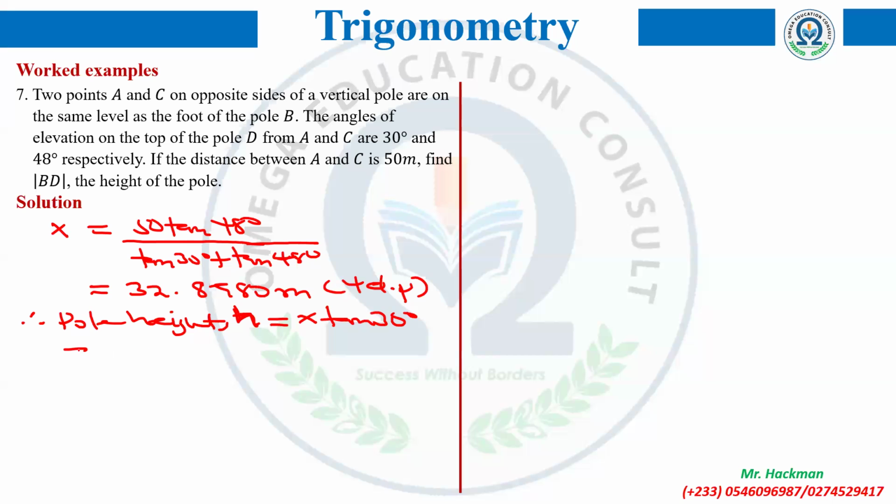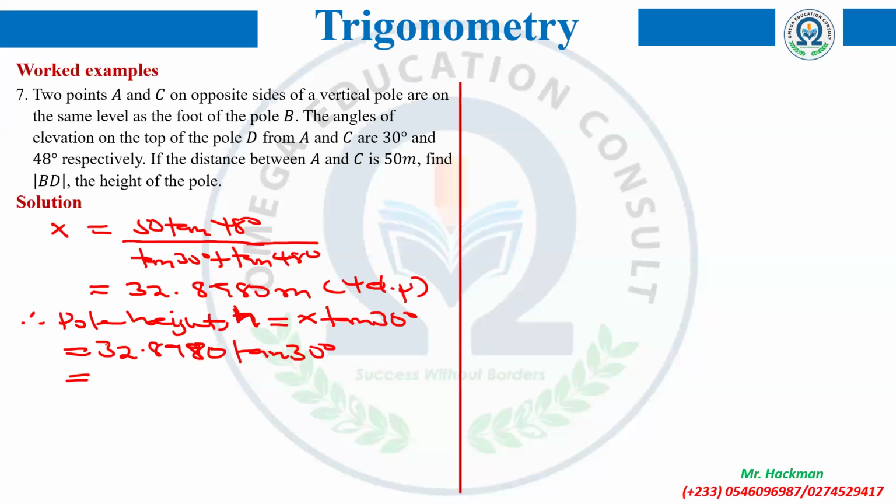So what is your x? Your 32.8998, or you can even ignore the 0 if you like, times tan 30 degrees. Whatever your calculator gives you, you write it there.